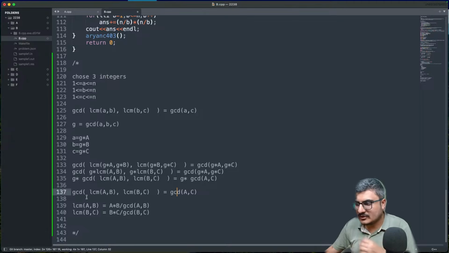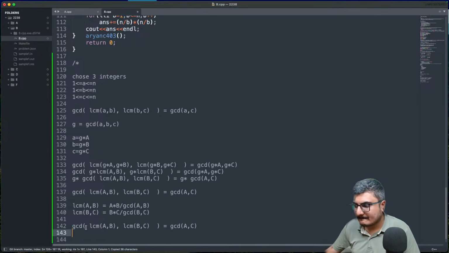And if I put it in the above equation, it becomes A into something. Here also it will become C into something.